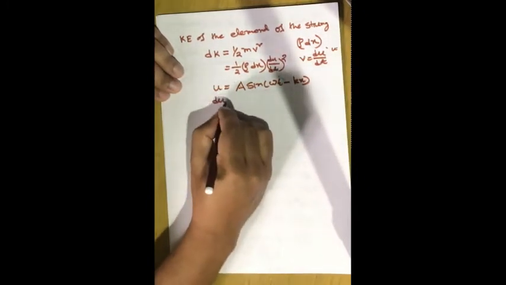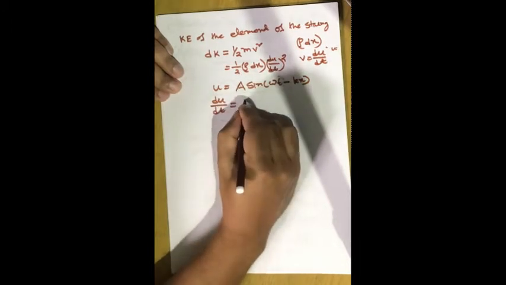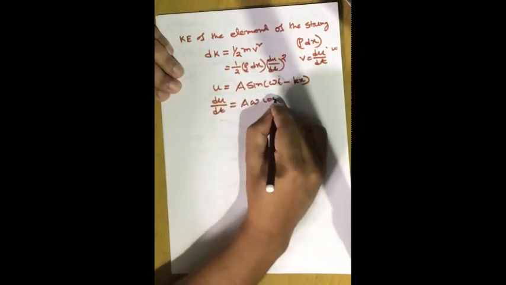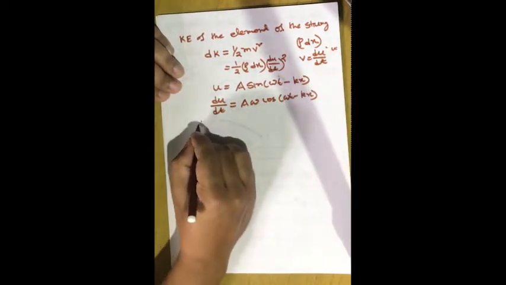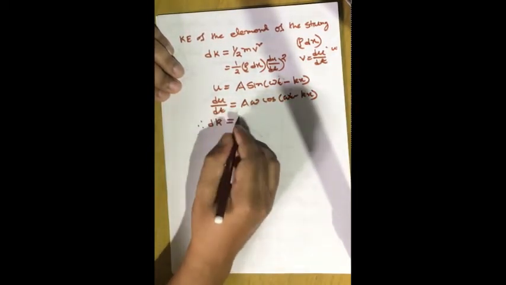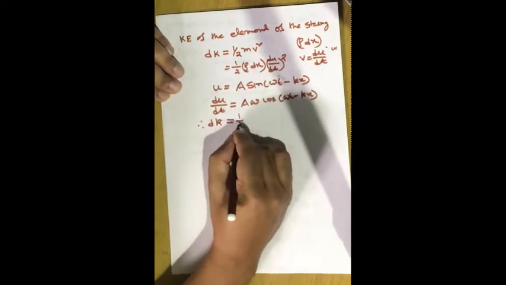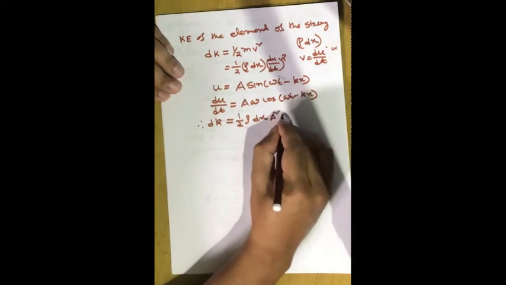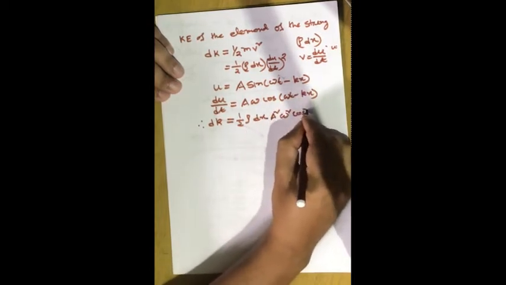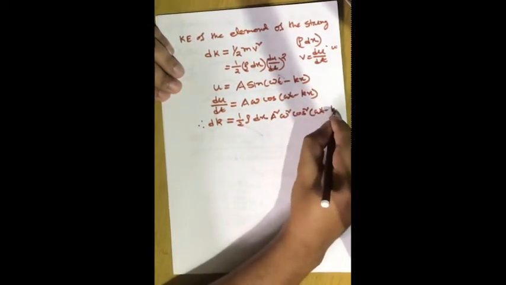Therefore, du by dt will be equal to a omega cos(omega t minus kx). Therefore, the kinetic energy of the element dx will be equal to half rho dx, then a square omega square cos square(omega t minus kx).